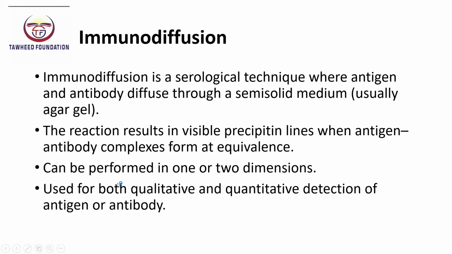Immunodiffusion can be used for qualitative detection, such as identifying whether an antigen or antibody is present, and for quantitative estimation, such as measuring the concentration of immunoglobulins or specific proteins. Because of its accuracy, simplicity, and stability, immunodiffusion remains one of the most commonly used serological methods in diagnostic immunology.